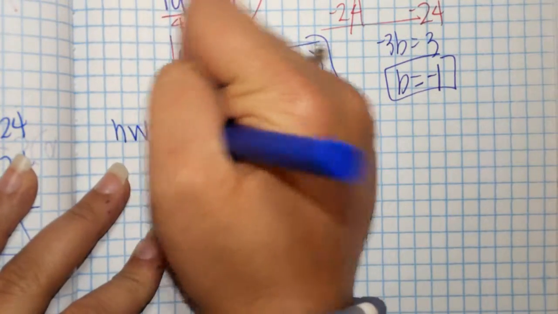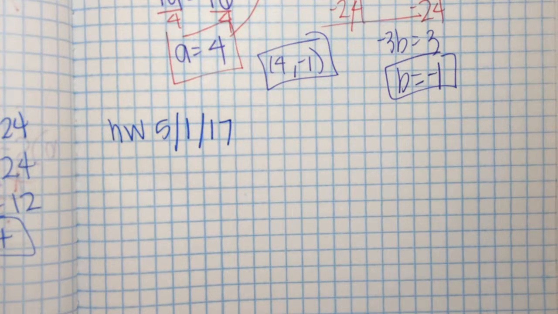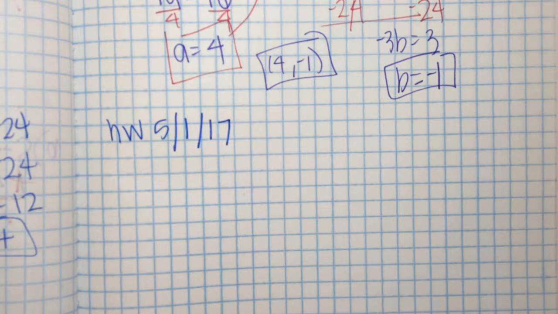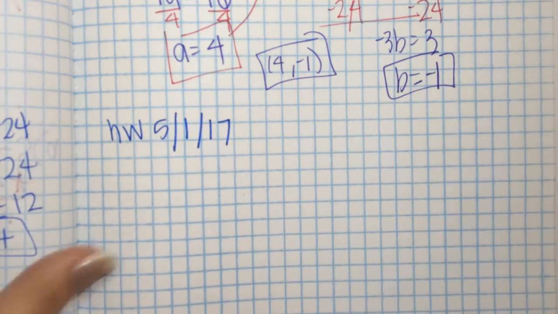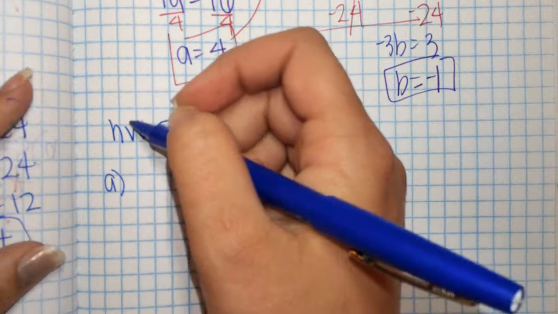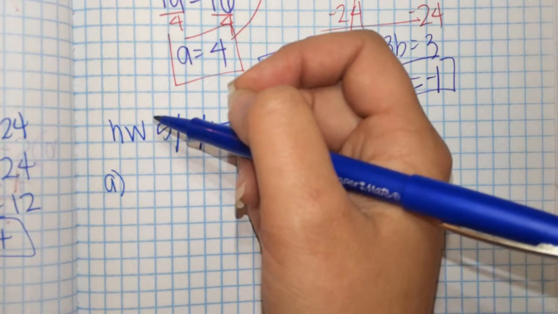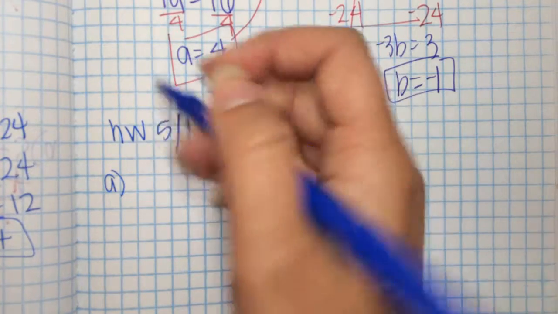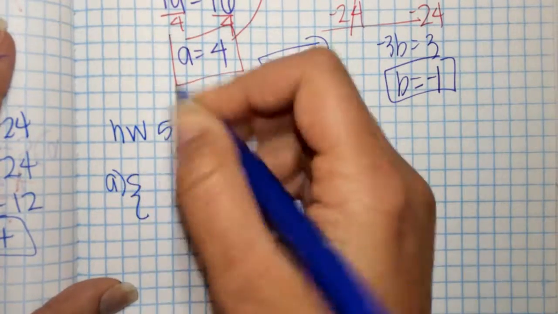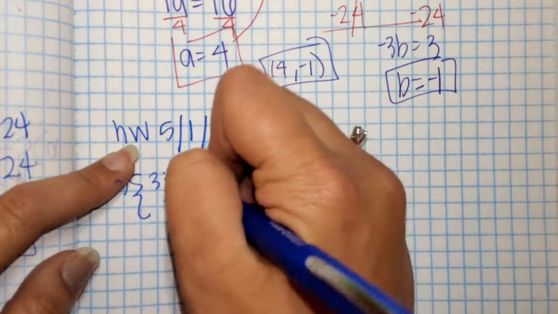Alright, I would like you to write today's date. It is the 1st of May. Happy May Day. Miss Everett, happy late birthday. Thank you, sweetie. I forgot. That's okay. It was like Saturday, I think. When is your birthday? My birthday was Saturday.